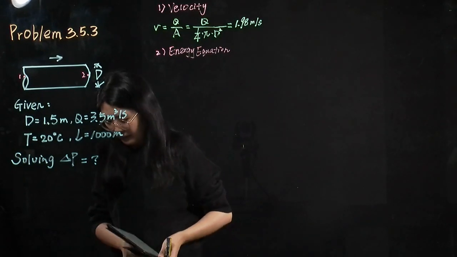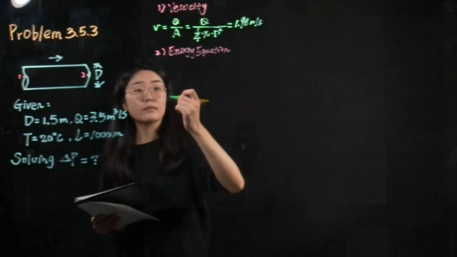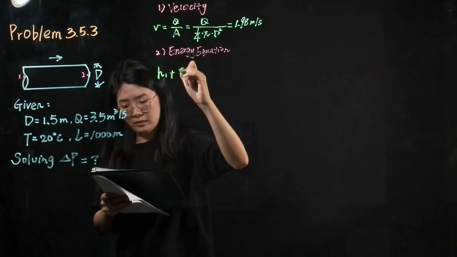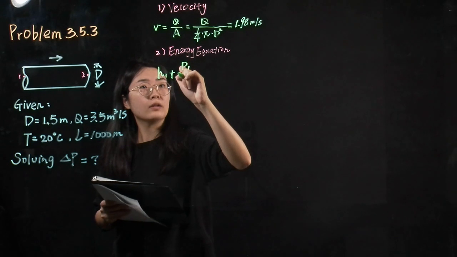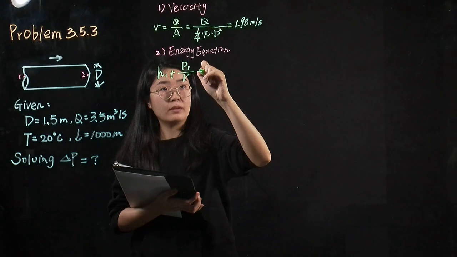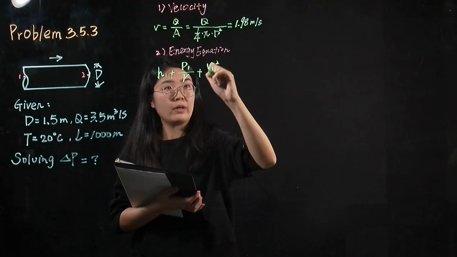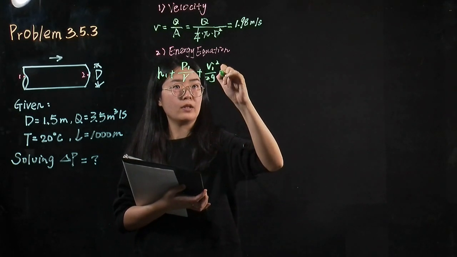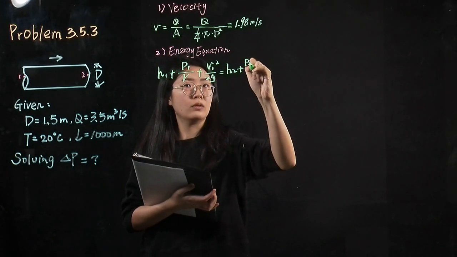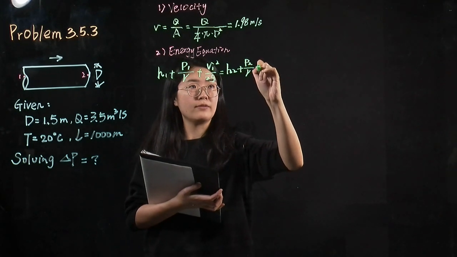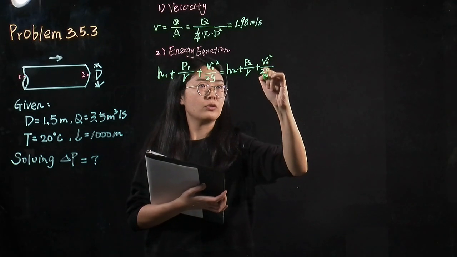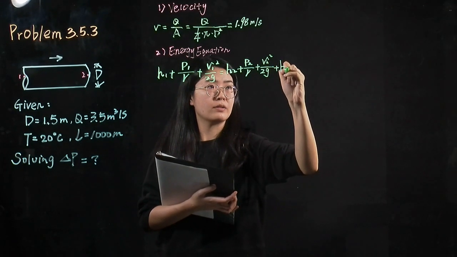So at point 1, H1 plus P1 over specific weight of water plus V1 squared over 2g is equal to H2 plus P2 over specific weight of water plus V2 squared over 2g plus the head loss.